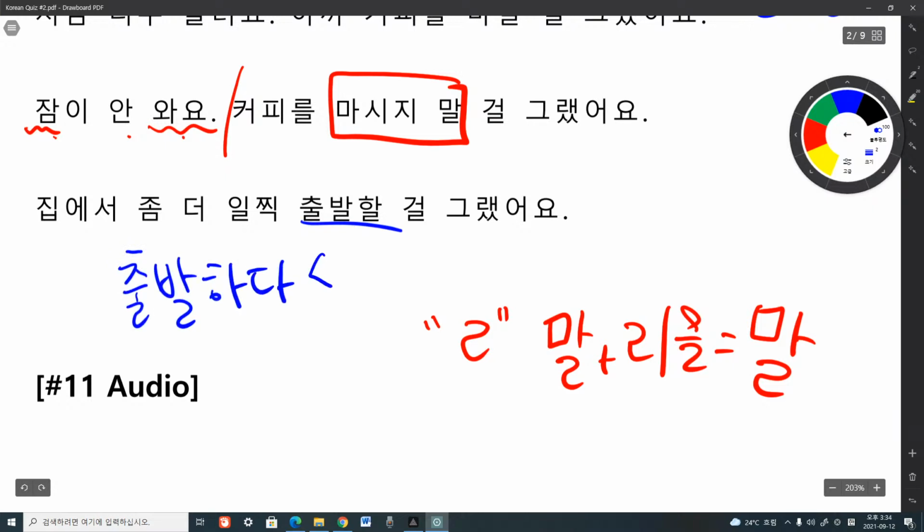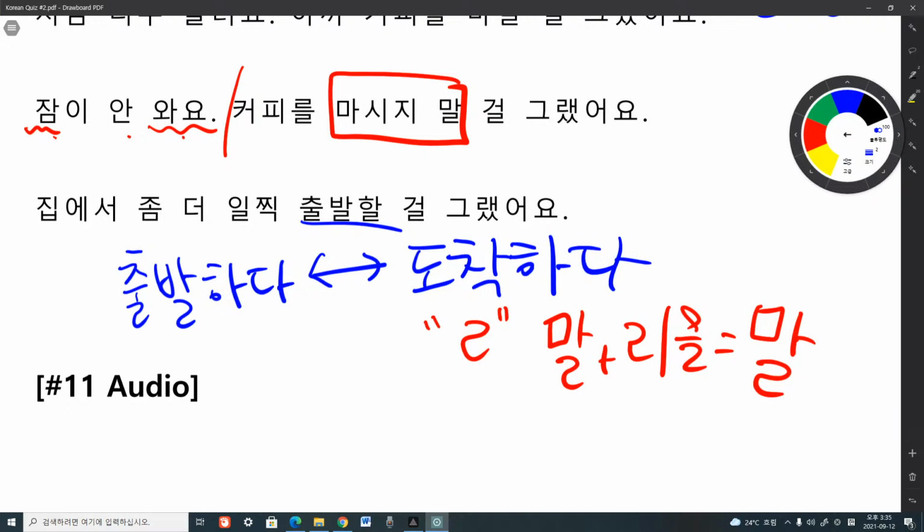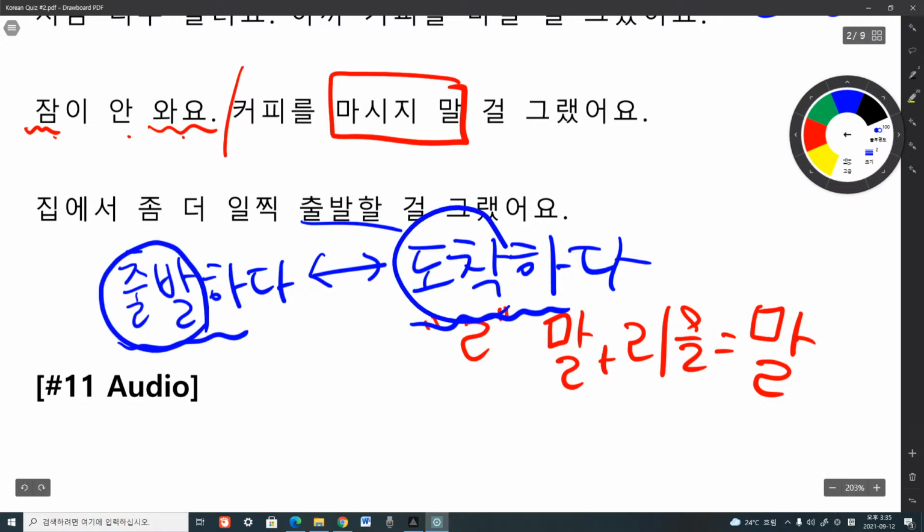And the antonym, I think you guys have commonly seen this word definitely. 도착하다, to arrive. 칼라미티아님 마트에 갔을 때 수박 살 걸 그랬어요. Perfect sentence. So you are likely gonna see the word 출발 and 도착 on the sign of a train station or bus station or even an airport. So if you come to a Korean airport, like Incheon airport or Gimpo airport, take a look at the sign and you'll find 출발 and 도착 on the sign.